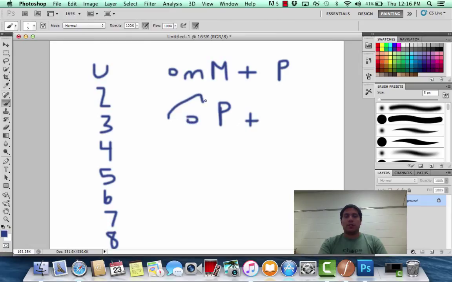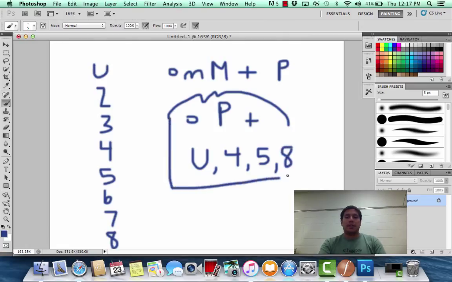So the first set of intervals that are going to either be diminished, perfect, or augmented are the unison, the fourth, the fifth, and the octave. All right? So that describes these intervals.